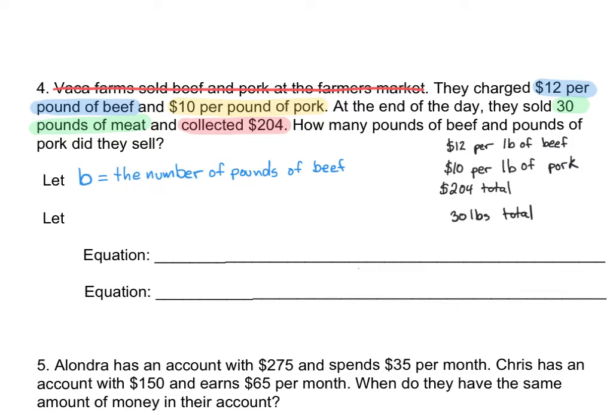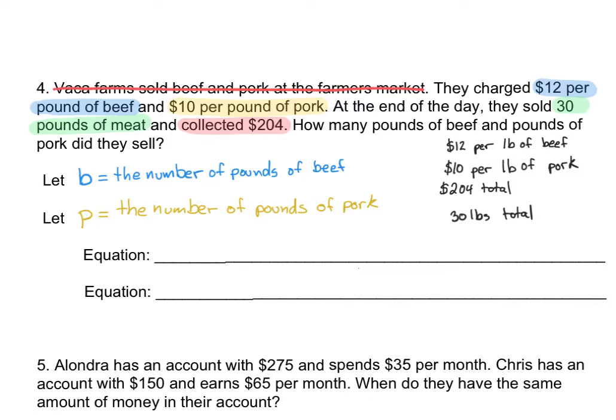And now we have pounds of pork. That's another thing that we don't know. So we're going to say let P equal the number of pounds of pork. All right, awesome. So we have now defined our variables. We can use these variables now to write our equations. Notice, these are going to be the only two variables in our equations. We shouldn't have others.